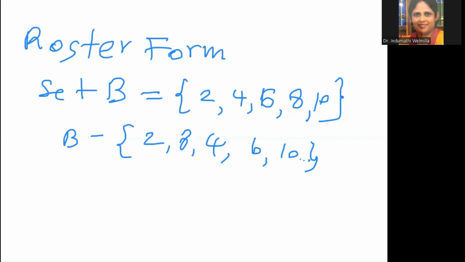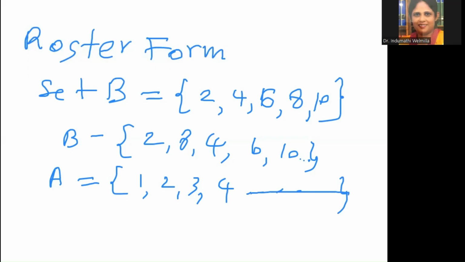Where X is the set of natural numbers, we can represent that set this way: 1, 2, 3, 4, then we can put the dots. But if our set is the first 4 natural numbers, then there is no need to put the dots. Then this is our set.